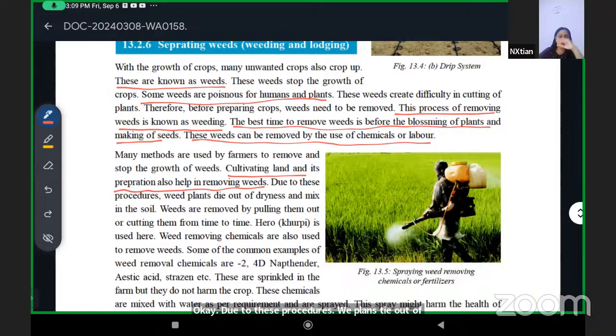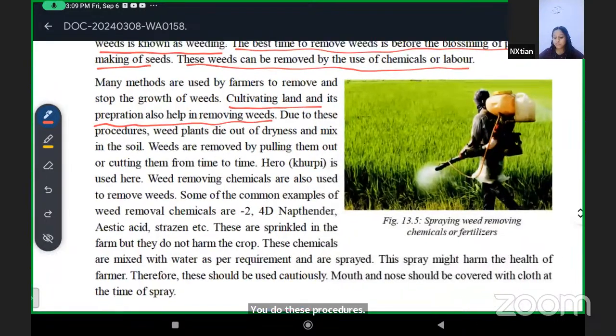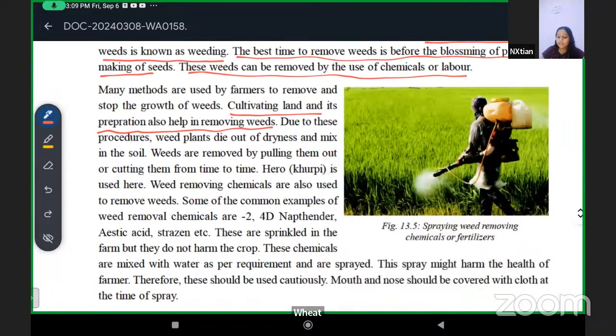If some seed of a weed plant comes in while we are preparing the soil, cultivating the land, that seed sometimes dies. Weeds are also removed by pulling them out or cutting them from time to time.